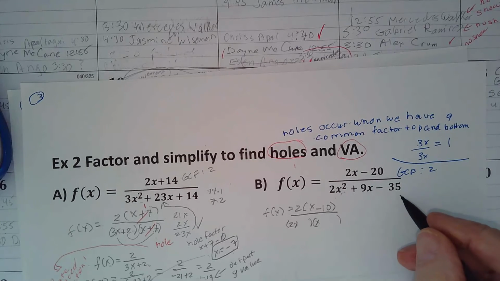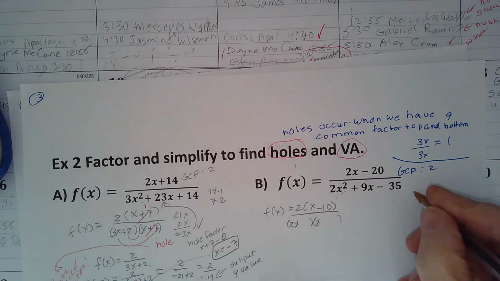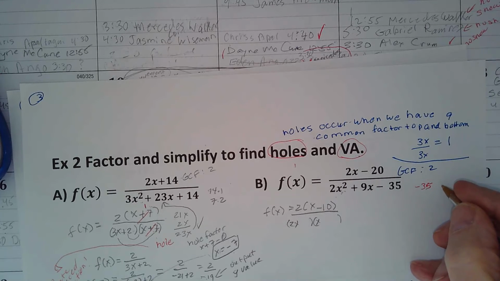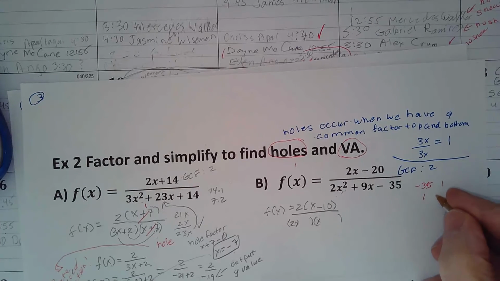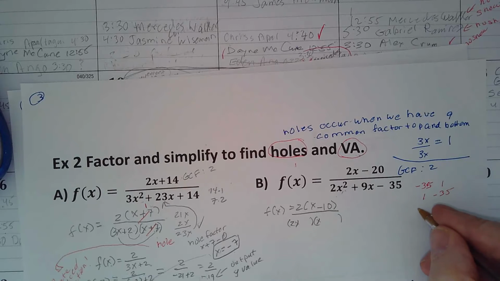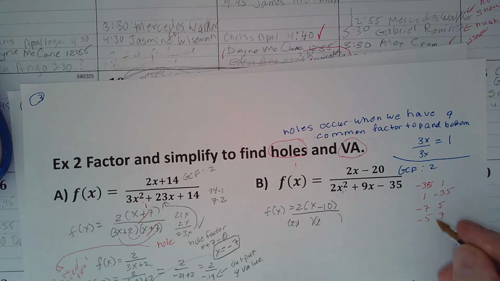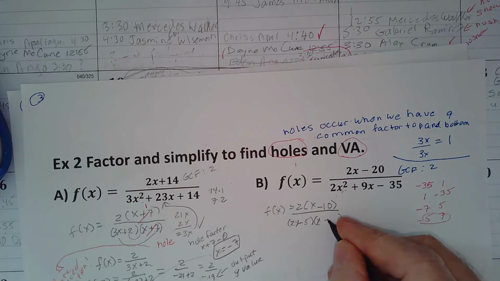Now, what times what is going to equal negative 35? So I could take negative 35 and 1. I could do 1 and negative 35. I could do negative 7 and 5. I could do negative 5 and 7. And that's what we would want, negative 5 and 7. So I'm going to put negative 5 here and positive 7 here.